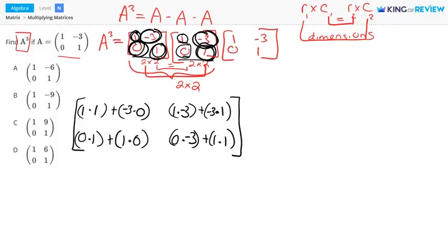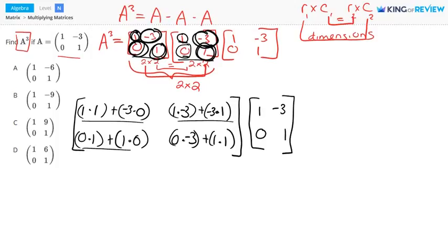So this is how we calculated the product of the first two matrices here. And remember, we still have to multiply this by this last matrix A here. So now all I need to do is simplify each of these entries.